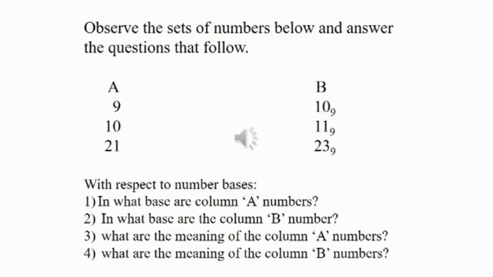So the numbers again: column A are 9, 10, and 21, while the column B numbers are 10 subscript 9, 11 subscript 9, and 23 subscript 9.